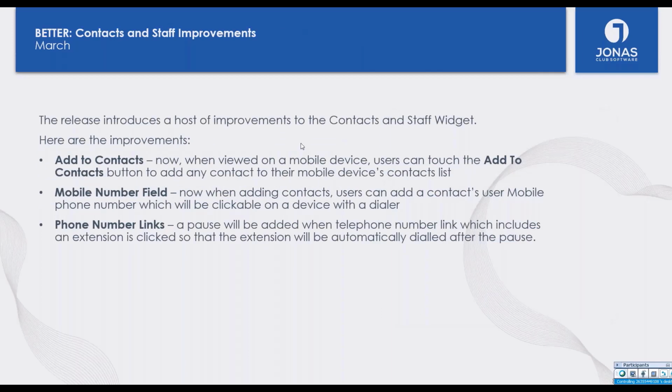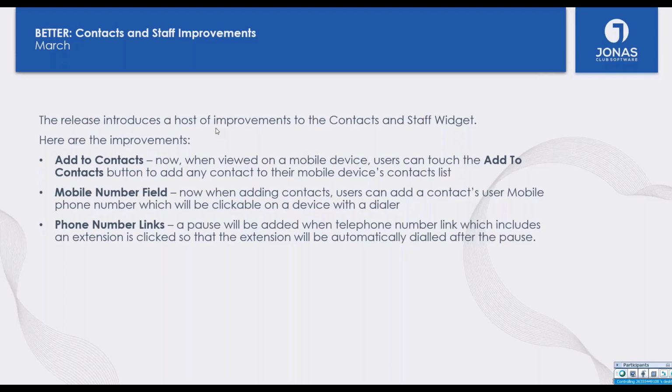This was added for the contact and staff page or widgets on the mobile device. If a user is using a mobile device, users can now touch the add to contact button to add any contact directly to their mobile device's contact list.